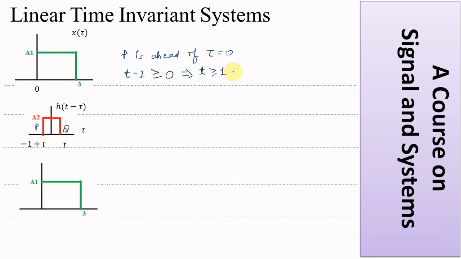This will remain like this till q reaches 3. Q is the last point of h of t minus tau, and if it is up to 3, then in that case I will have a product which is something like this.